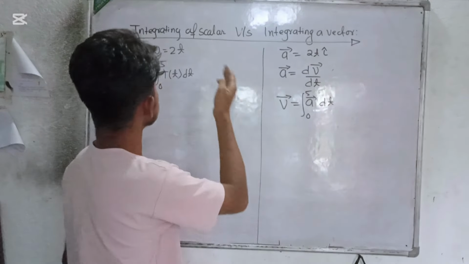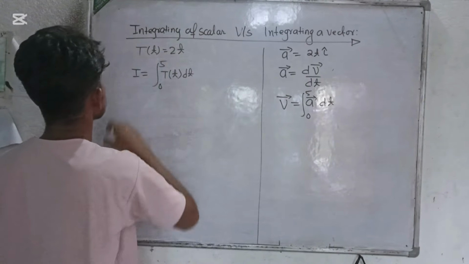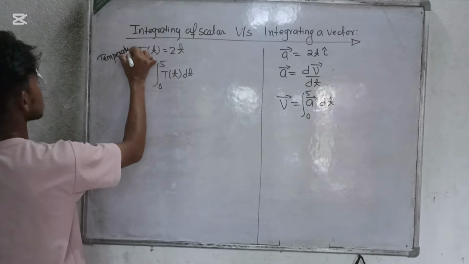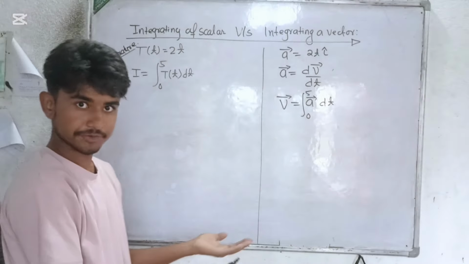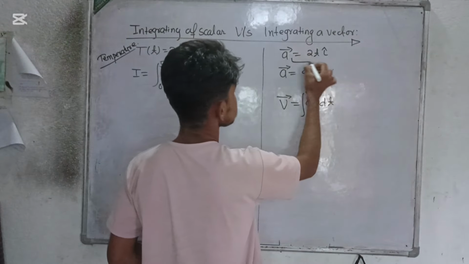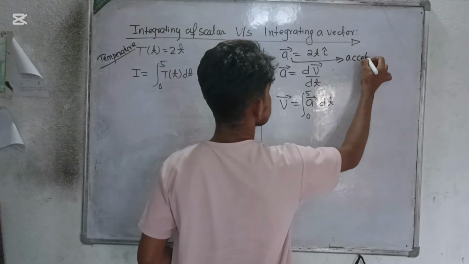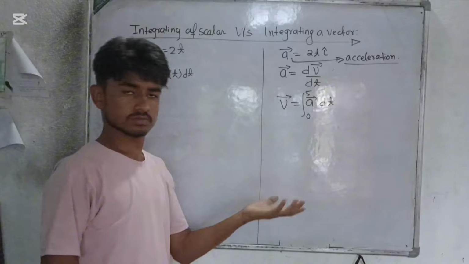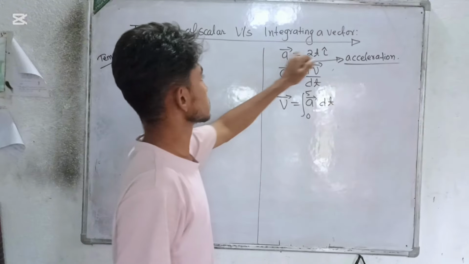Here on the board, you can see two examples. One example is temperature, and we all know that temperature is a scalar quantity. The other is acceleration, which is a vector quantity.